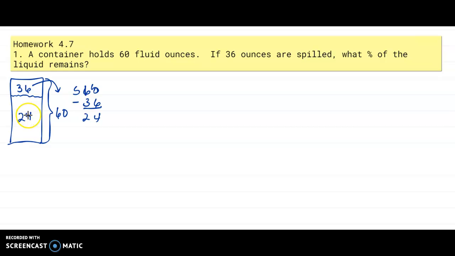So I need to know then if 24 ounces are still in the can, what percent is that equal to? So I need to set up a proportion. Working with percent, so it's part over whole. I always put 100 here, and I don't know what percent is still in the can.